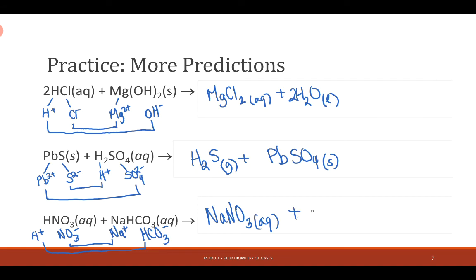All nitrates are soluble. And then I have H2CO3 as my other product. This is going to break apart into water, which is a liquid, and some gas. Subtracting water from this chemical formula gives me CO2 as my gas. So those are our balanced chemical equations.